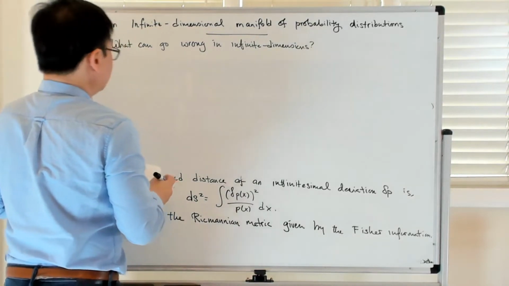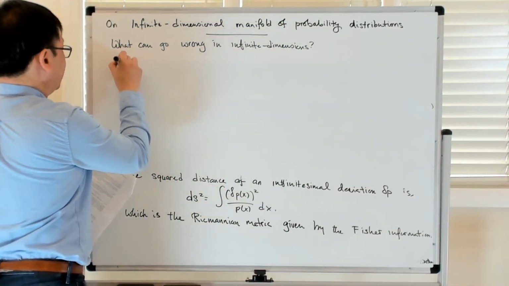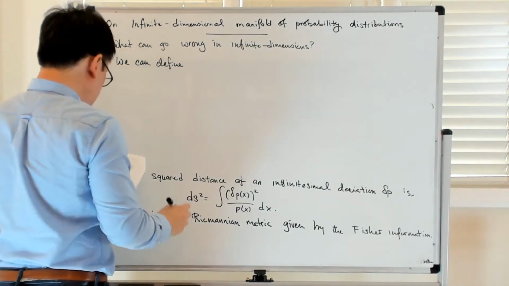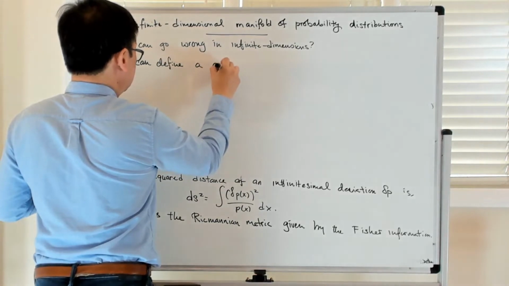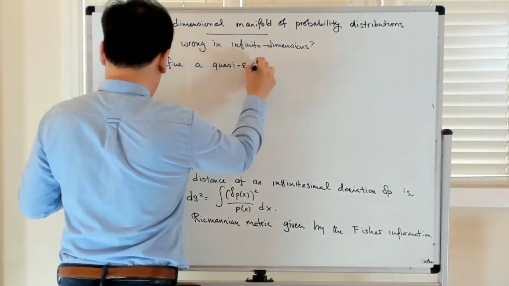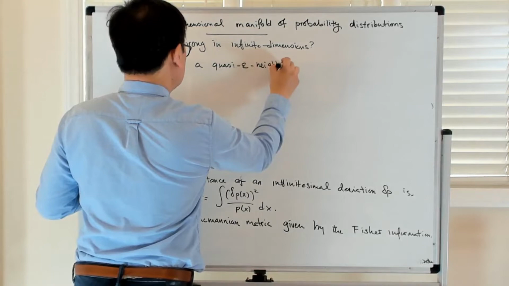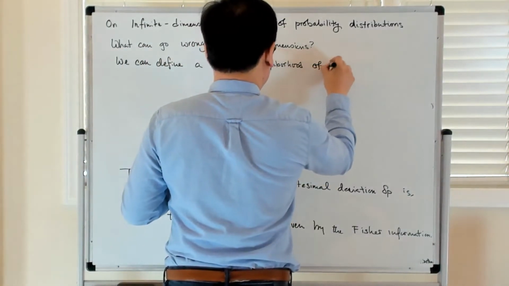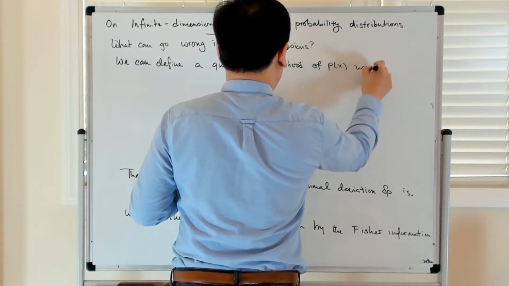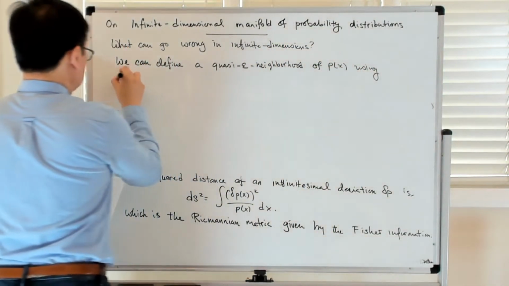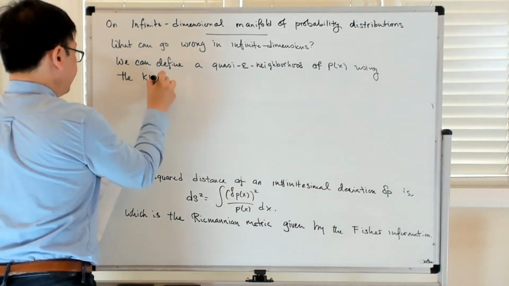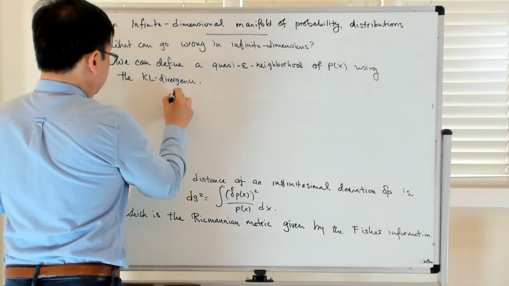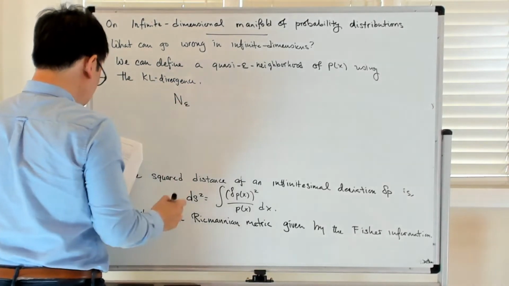So one example is that we can define a quasi-epsilon neighborhood of P of x using the KL divergence, in the obvious way. So we want to have the neighborhood of radius epsilon in some sense.